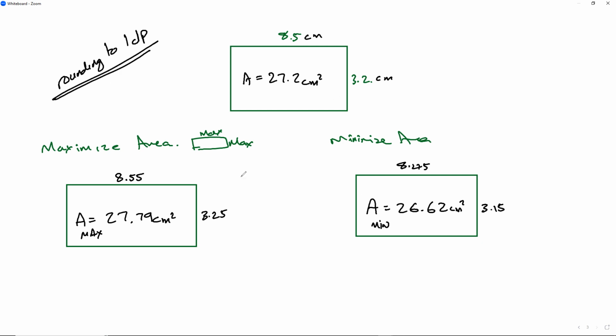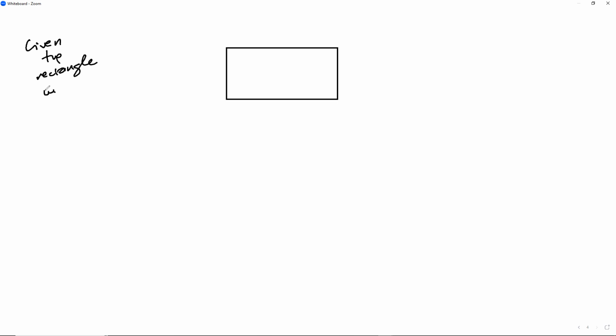And from that, we could get so much information from all of those particular examples. Okay. I'm going to give you a rectangle now, and I want you to try it, right? So here's a rectangle, and it's rounded to one decimal place. So given the rectangle with length and width rounded to one decimal place as well.